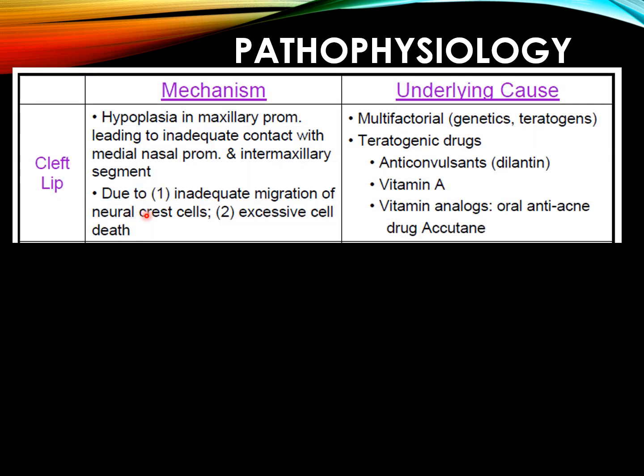Now shortly about pathophysiology. There are different mechanisms and underlying causes for different clefts. For example, cleft lip mechanism. It is hyperplasia in maxillary prominence leading to inadequate contact with medial nasal prominence and intermaxillary segment, due to inadequate migration of neural crest cells or excessive cell death.